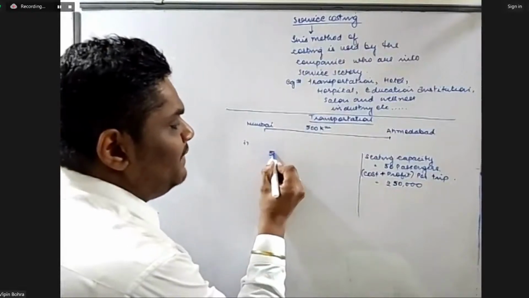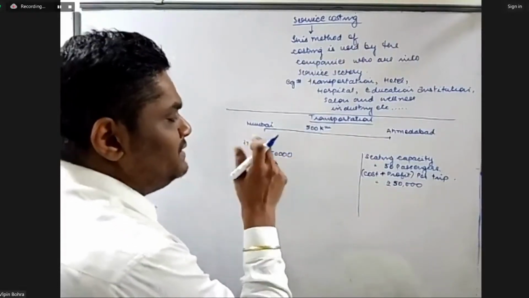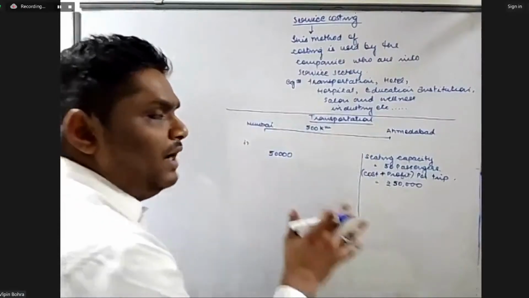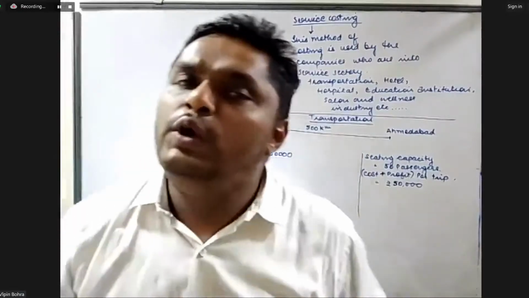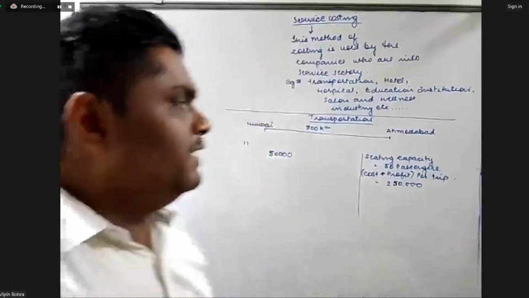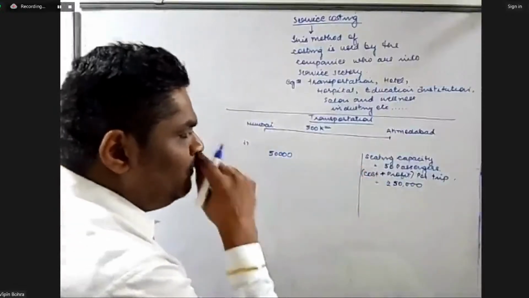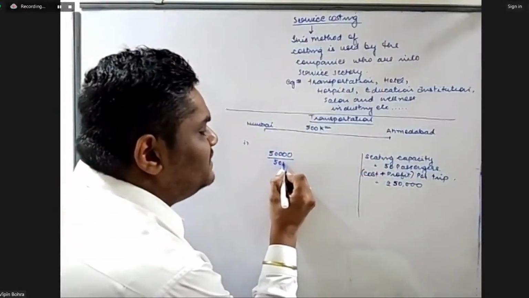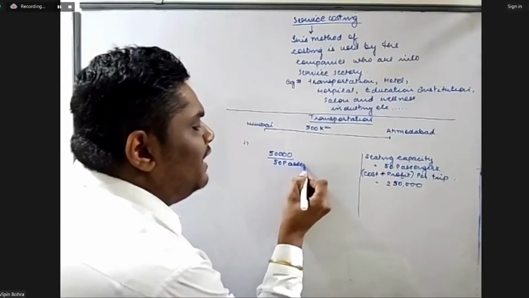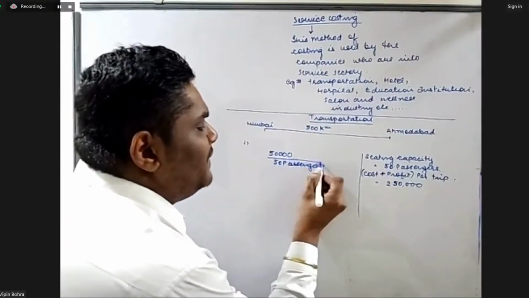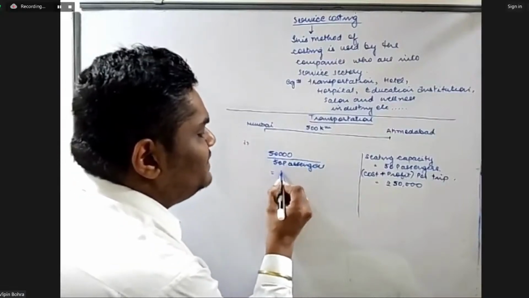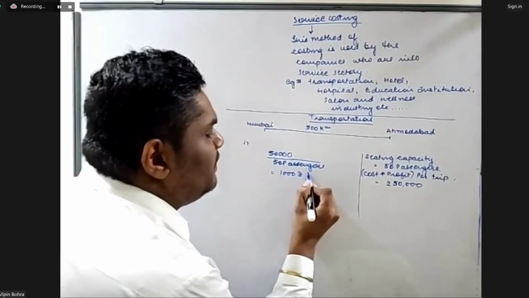Rupees 50,000. Since there are no intermediate stops and a total of 50 passengers are traveling, assuming the bus is fully occupied in all the trips because there is huge demand, I have a seating capacity of 50 passengers. So I'll be quoting the fare per passenger. Very simple, 1,000 rupees per passenger.